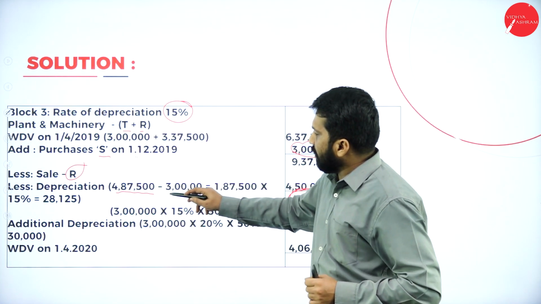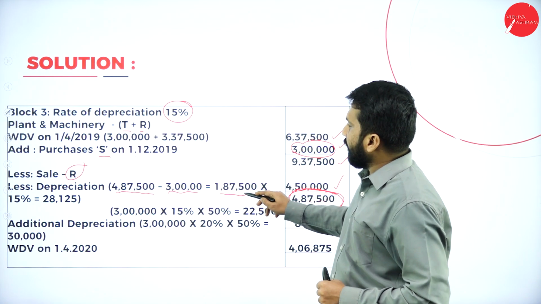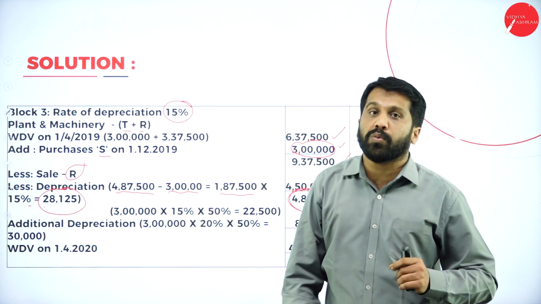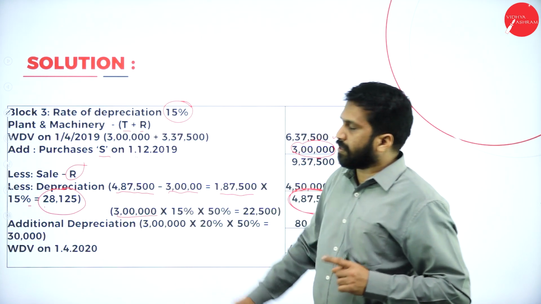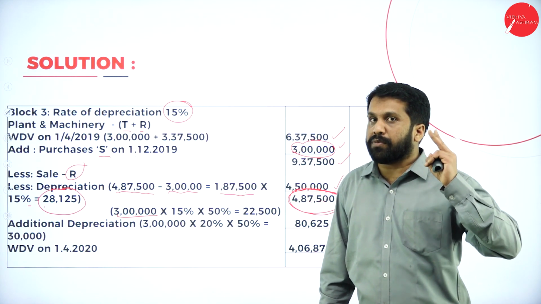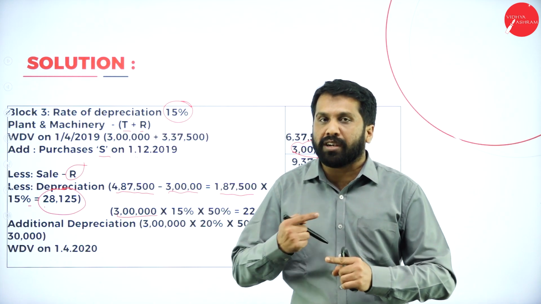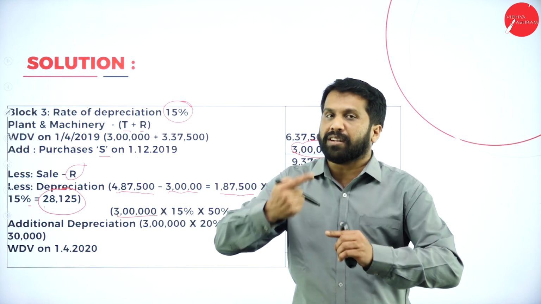Now see, 3 lakh you removed, the balance is 187,500. 187,500 into 15%, you got 28,125. Now you calculate on 3 lakh. See, on any new asset purchased, we calculate additional 20%. In the last class I explained, any new machinery purchased gets normal depreciation plus additional 20%.